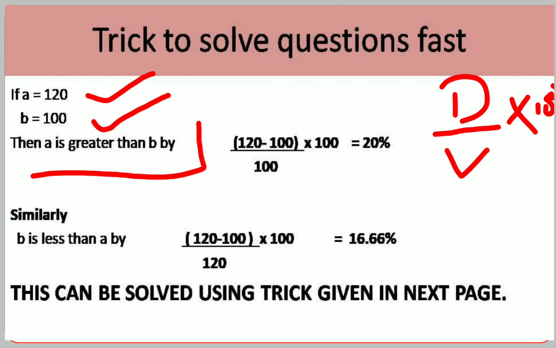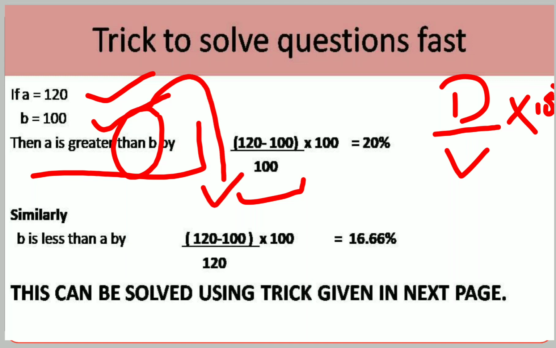So the difference is 120 minus 100. And why have we taken 100 in the denominator? Because we have to compare with B. It is asked that A is greater than B. So remember, when we are comparing with B, then B has to be in the denominator, right? So we get our value to be 20%.